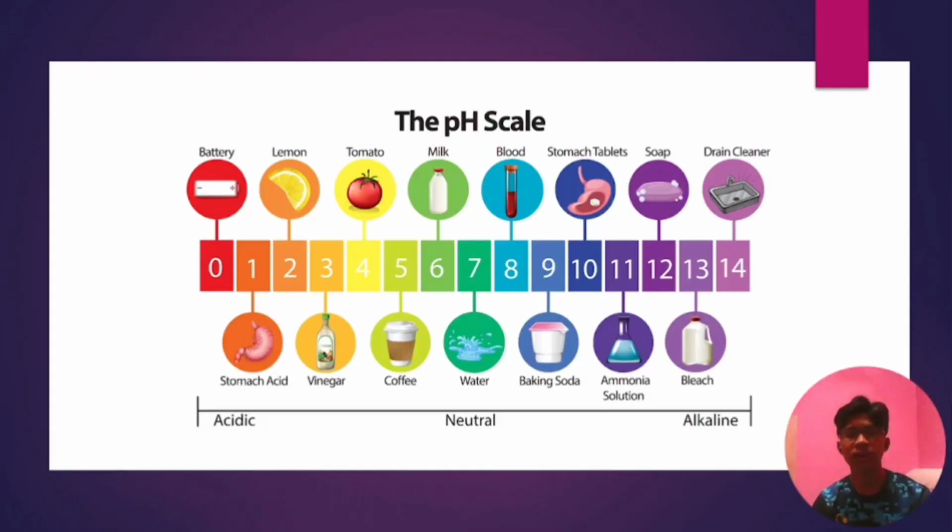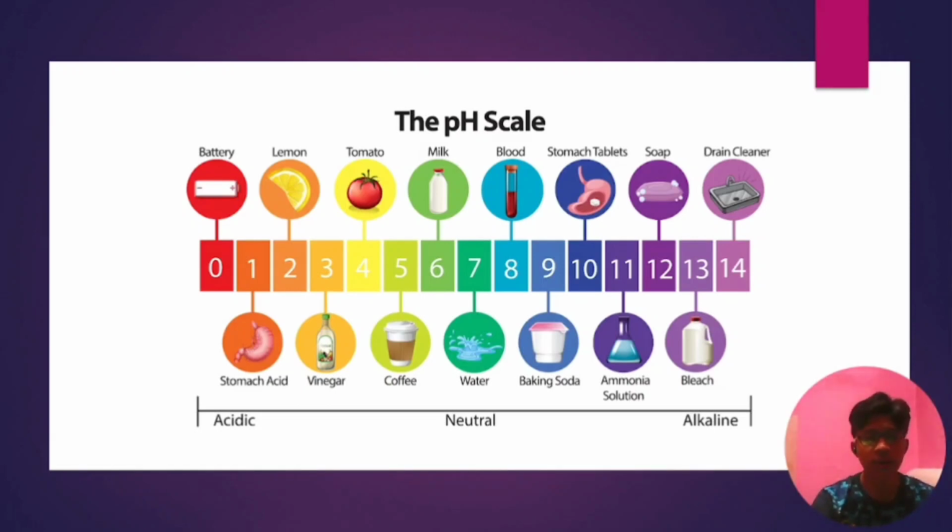As you guys can see, this is an example of the pH scale with some substances. So, how do we know if the substance is weak acid or strong acid or weak alkali or strong alkali? As you guys can see, the nearer the number to 0, it is known to be a strong acid, while if it's closer to 6, it will be known as weak acid.